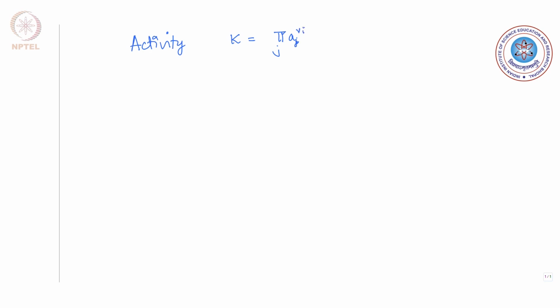So, now let us try to define activity for a solvent, and this comes from Raoult's law, where when two solutions are mixed, we try to determine the partial vapor pressure that they exert, and therefore, we try to compare the actual vapor pressure versus the ideal vapor pressure to understand any deviations arising from the interaction between the two entities that you are mixing.